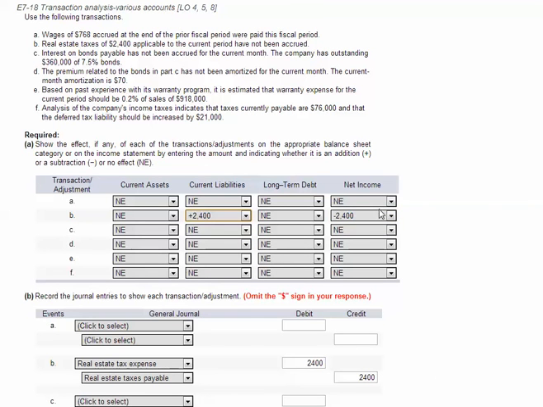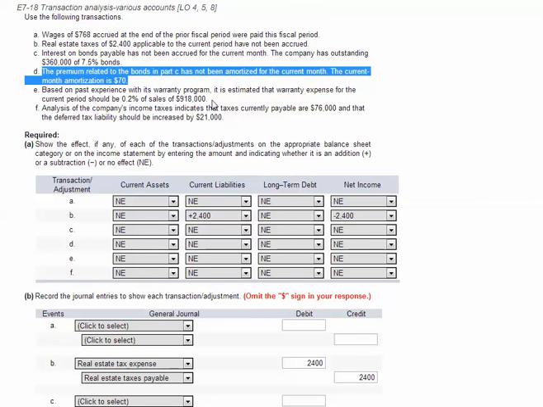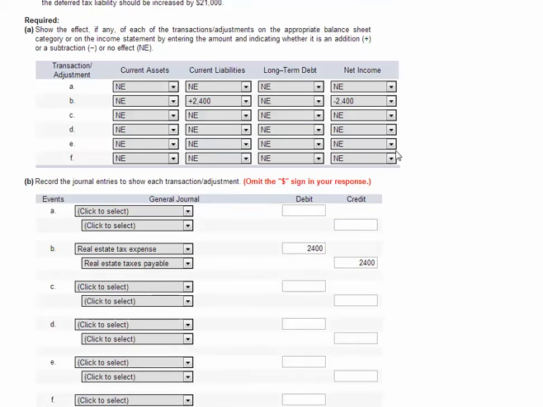The next one I wanted to look at was D. The premium related to the bonds in Part C has not been amortized for the current month. The current month's amortization is $70. Well, we did a bond discount a second ago. Let's look at a premium. So premium actually reduces the amount of interest expense.